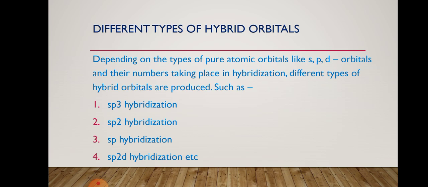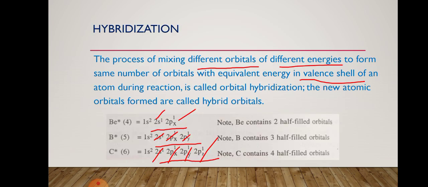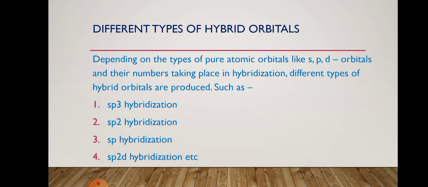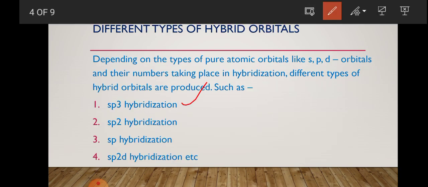That means the types of hybrid orbitals depend on their pure orbitals and number of orbitals, such as sp3 hybridization, sp2 hybridization, sp hybridization, sp3d hybridization, etc. That means there are different types of hybrid orbitals.